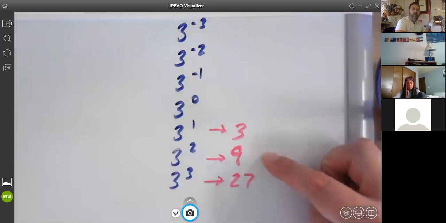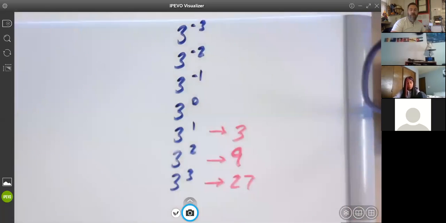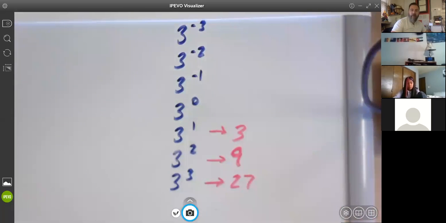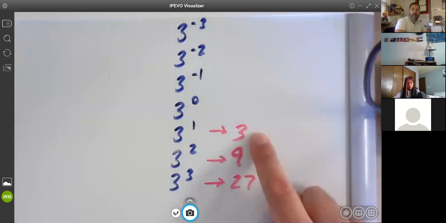Then dividing by 3 again gets me down to 3. If I were to keep going through this chart, I would keep dividing by 3 as I reduce my exponent value. And when I take this 3 and divide by 3, well, anything divided by itself, 3 over 3, becomes 1.